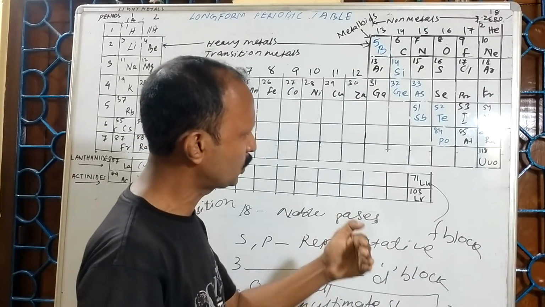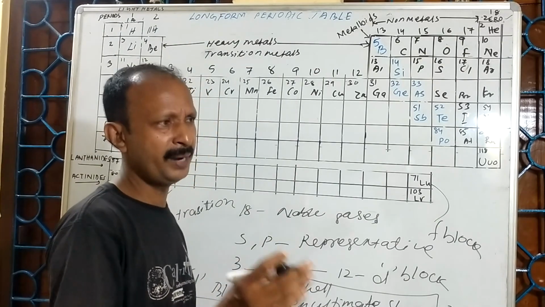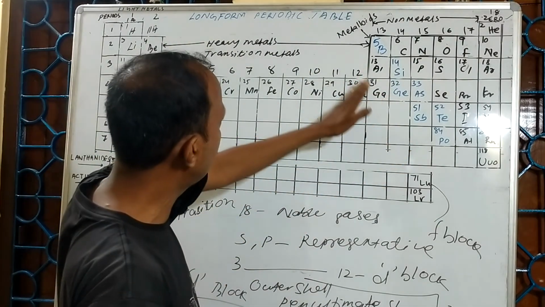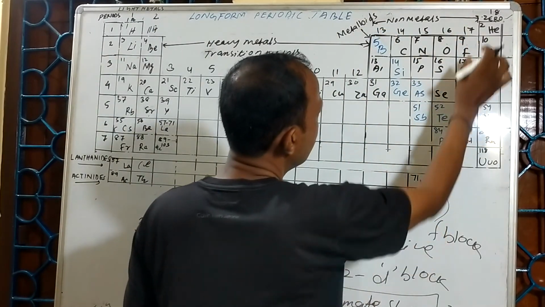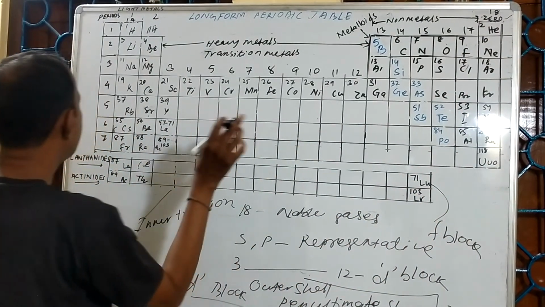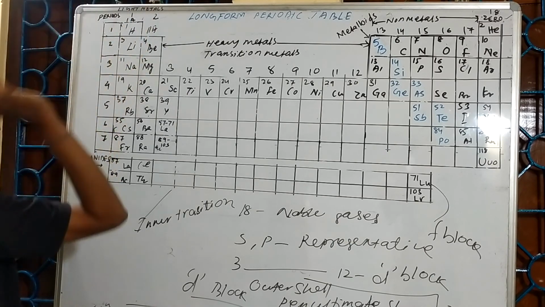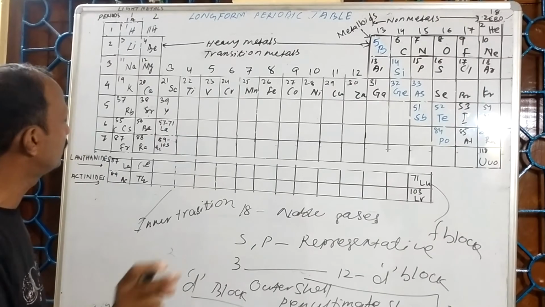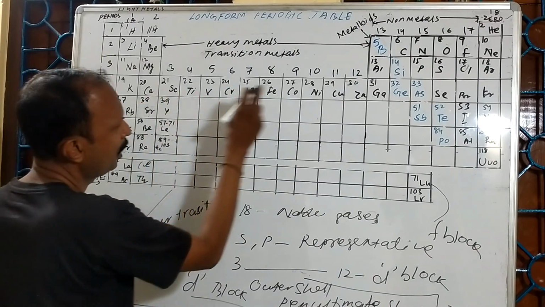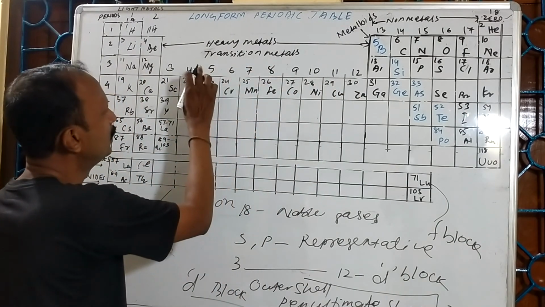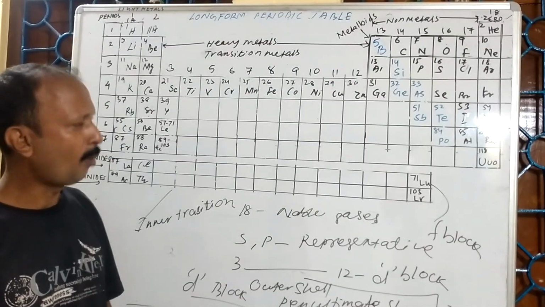That means to some extent they show metallic nature, to some extent non-metallic nature. Here to here, these are the non-metals. These are the inert gas elements. Those elements present in the first and second groups are the light metals. And those present between the 3rd to 12th group, starting from scandium up to zinc, belong to the transition metals.